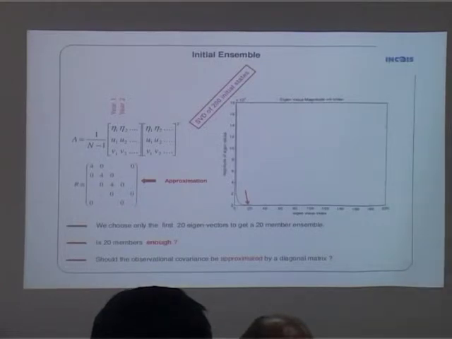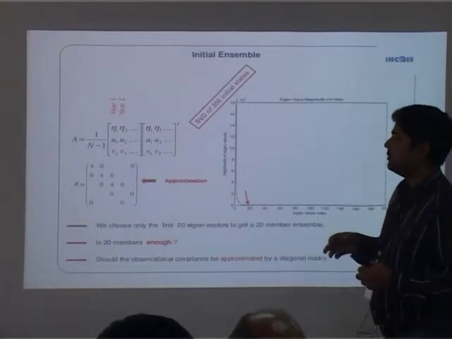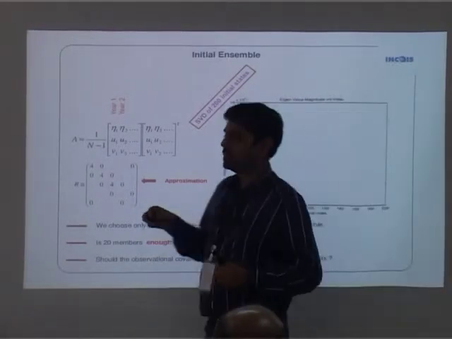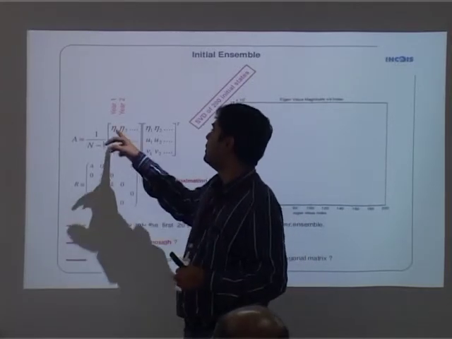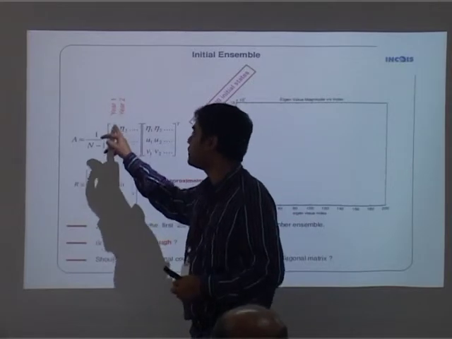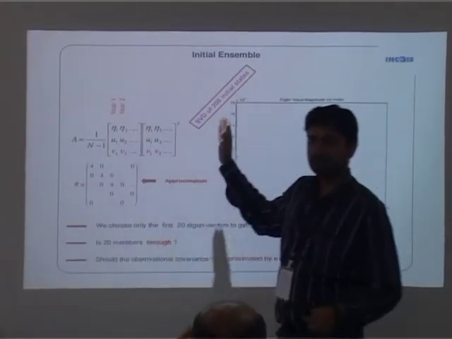This is how we generated it. We let the model run for around 200 years. For each of the years, we have the model states, and we have written it down as a column of the matrix. So you have 200 such columns.